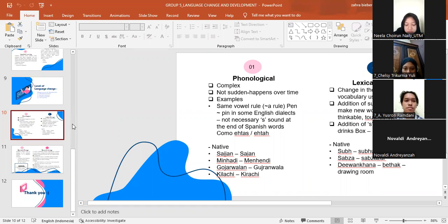Native examples: sub, subah, sabza, sabzazar, and dewankana, beta, drawing room. Next.